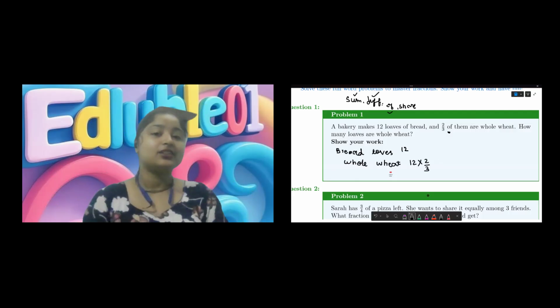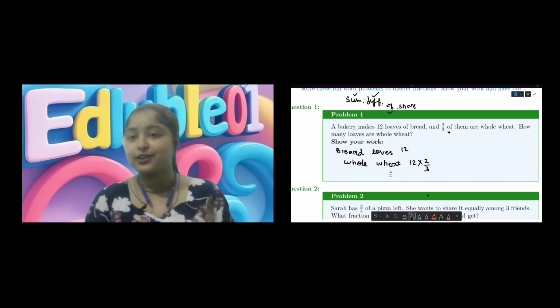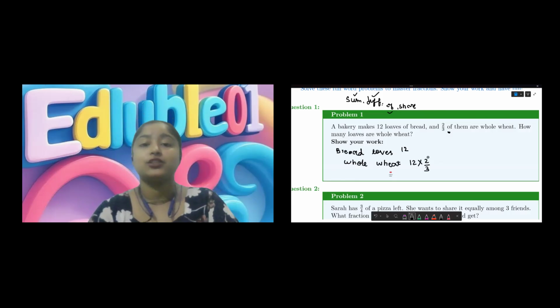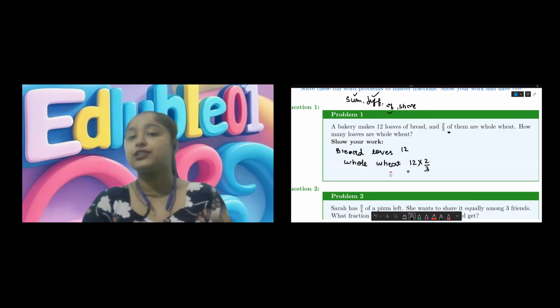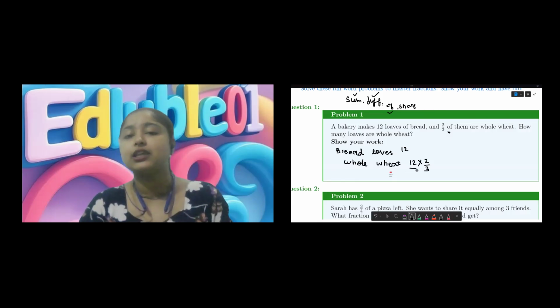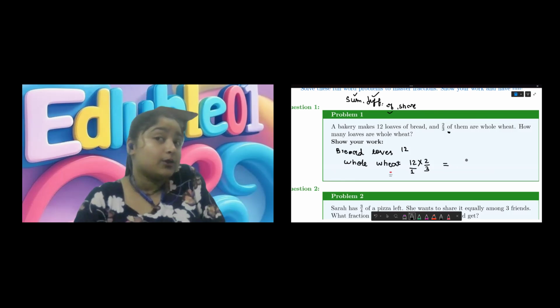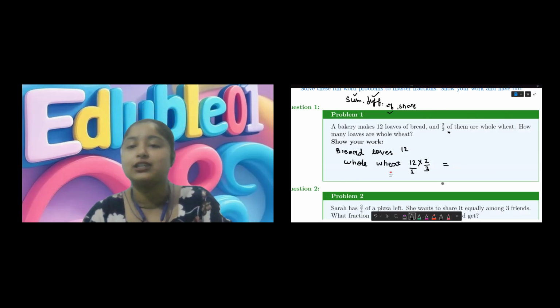We learned all the case scenarios in multiplication. If there is a whole number, we can easily put 1 as its denominator. So 12 times 2 is 24, and 3 times 1 is going to be 3 only.